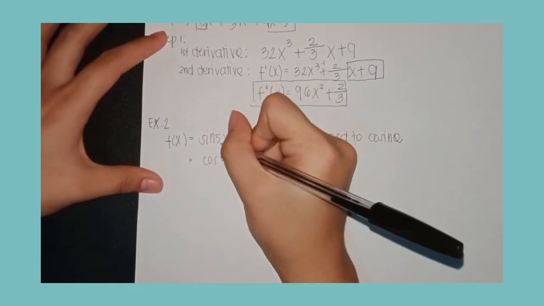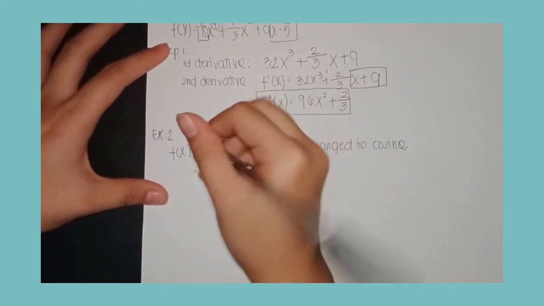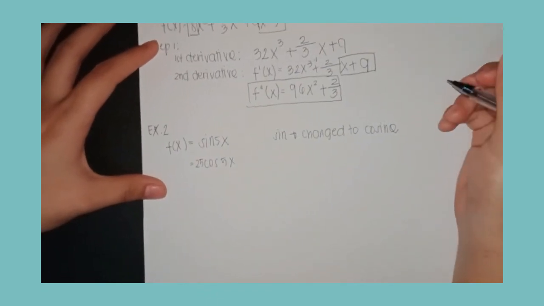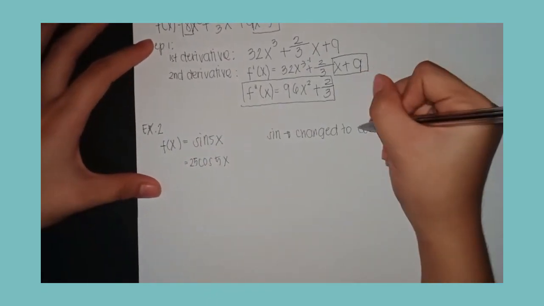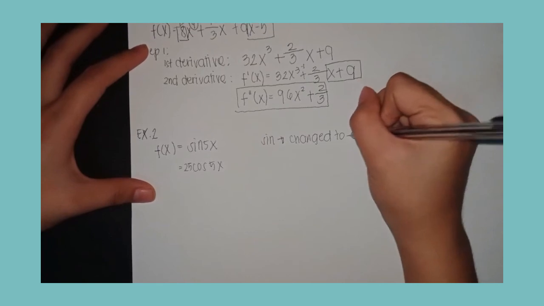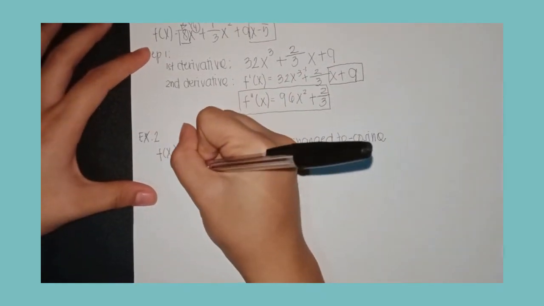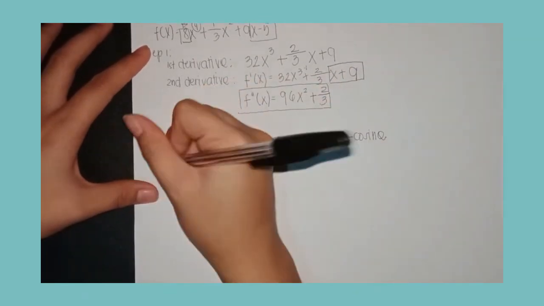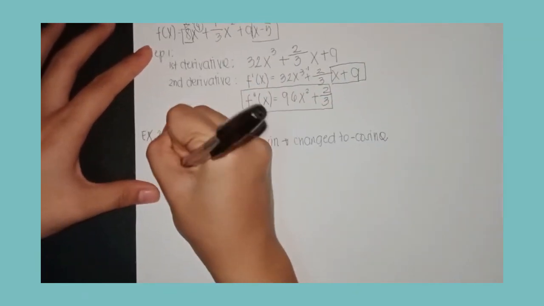Then multiply 5 by itself, so you have 25, and applying the differentiation rule, which is negative cosine, the answer would be negative 25 cosine 5x. This will be the first derivative.